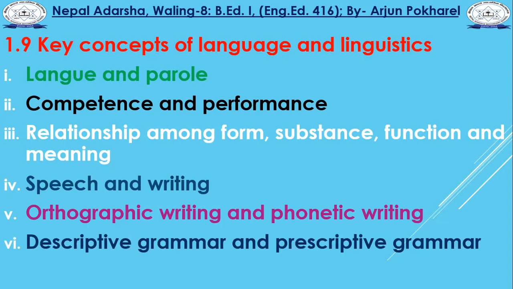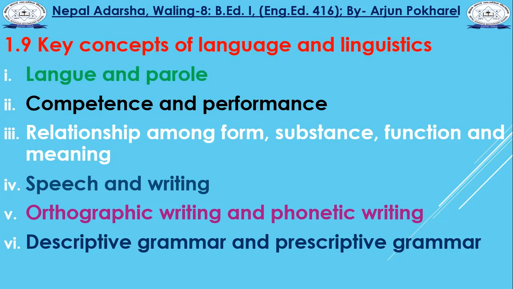And the next one is what? Descriptive grammar and prescriptive grammar. These are two different types of grammar. One grammar is based on the description of language. Language is described to get the rules of grammar.